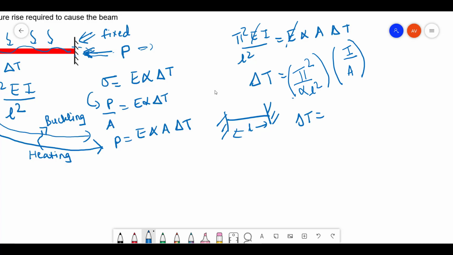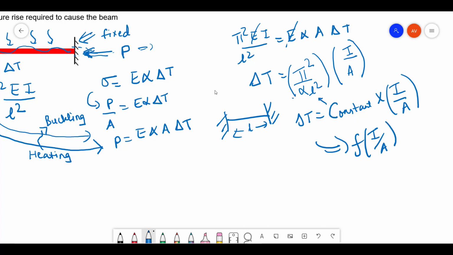So you can write delta T as some coefficient C, where C is a constant, into I by A. So basically delta T is a function of I by A. Now what is I by A? I is the moment of inertia, pi by 64 d raised to 4, and A is the cross-sectional area, pi by 4 d square.